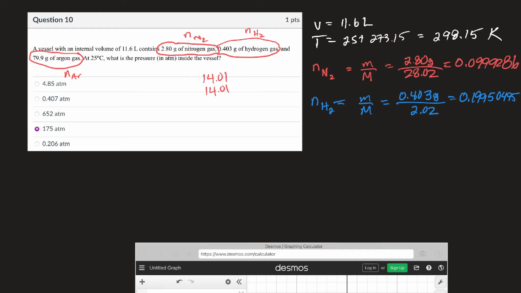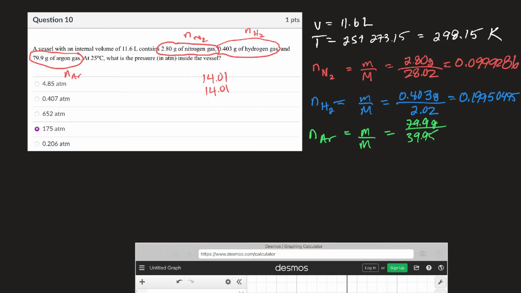Now let's do moles of argon. I have to figure out the molar mass of argon. Just a second. Got it, 39.95. And I have 79.9 grams of that.